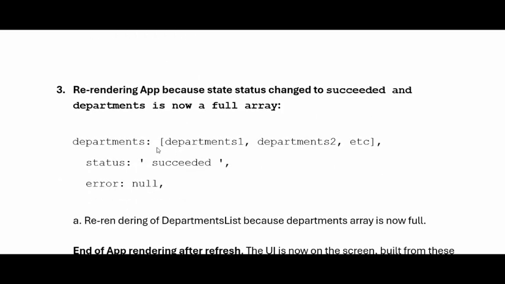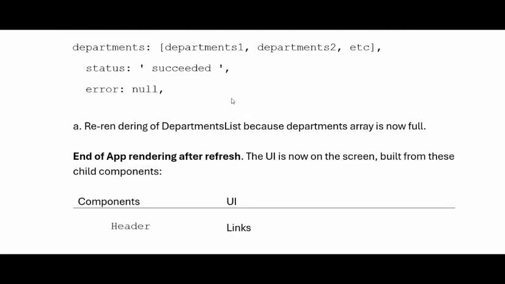After that we have again re-rendering app, because it is the third time: the state status changed to succeeded and departments is now a full array. You see, departments is a full array and its status is succeeded.